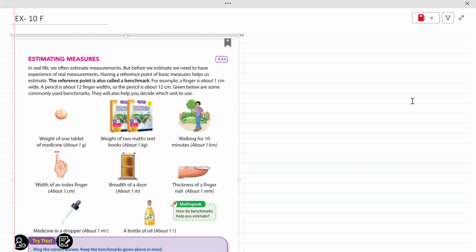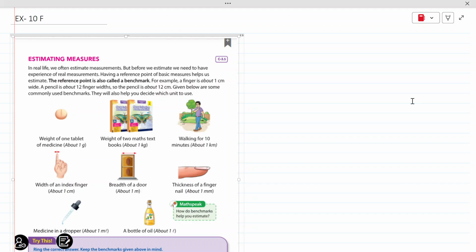When we see a tennis ball, we see that it is small, but smaller than what? It is smaller than the football. So here I am taking the football as the benchmark. We can also call a benchmark a reference point with respect to which we are measuring or estimating different things.